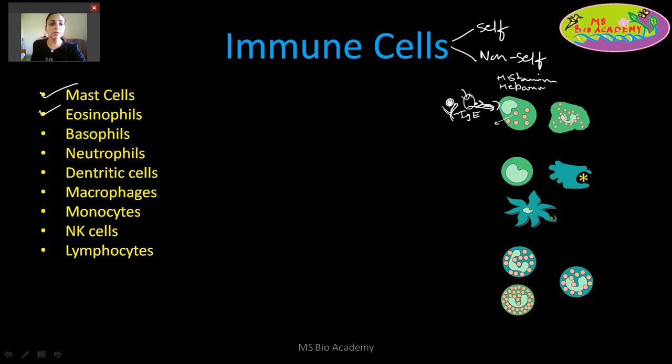Then the second group is the eosinophils, basophils and neutrophils. As you can see in this picture, all of them contain granules, just like the mast cells.